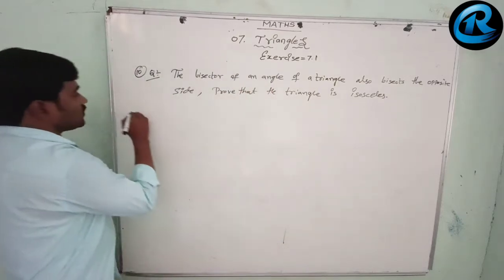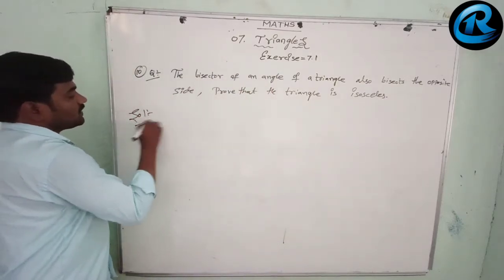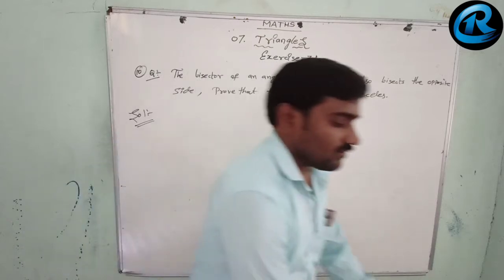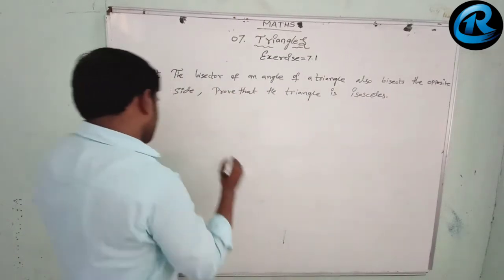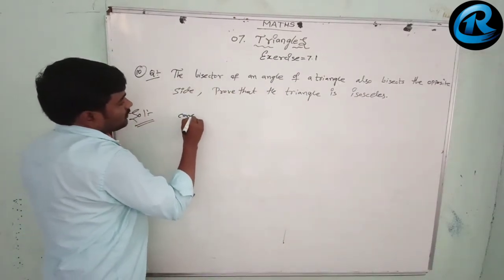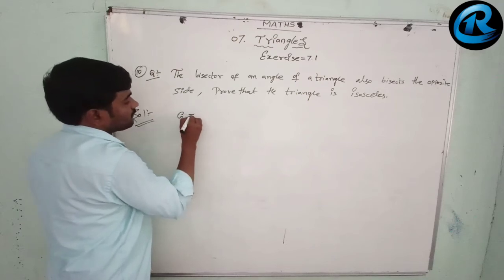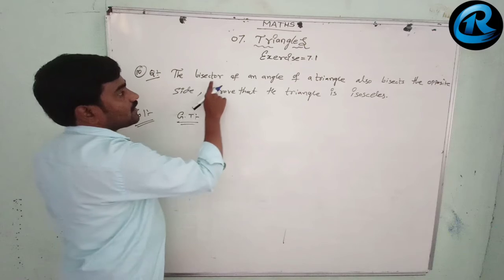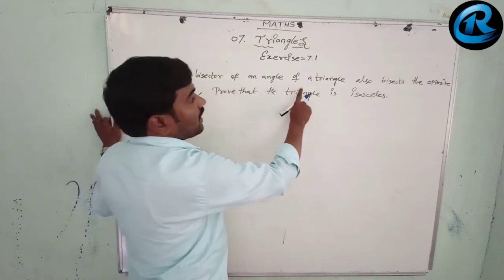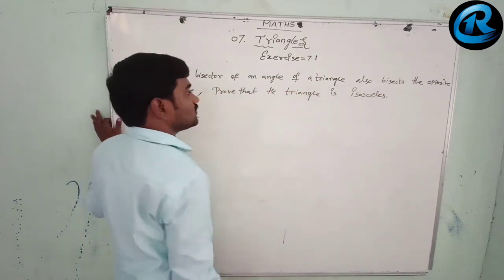Okay, let us go for this solution now. One construction we will do first. First, the given: the bisector of an angle of a triangle also bisects the opposite side.